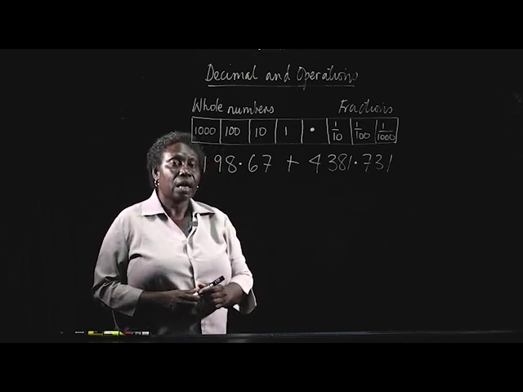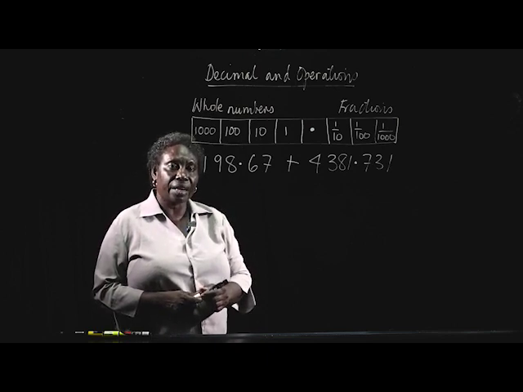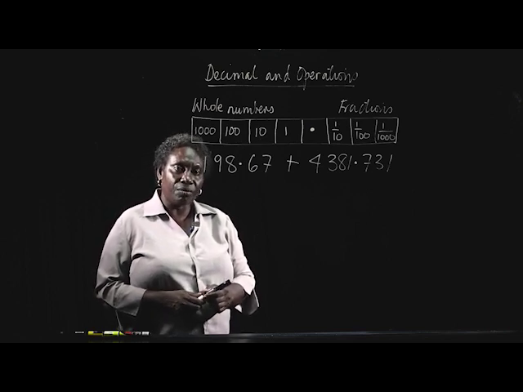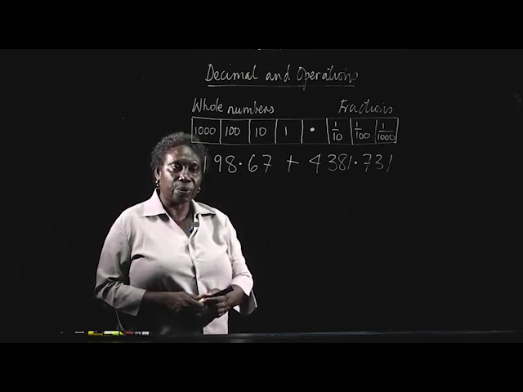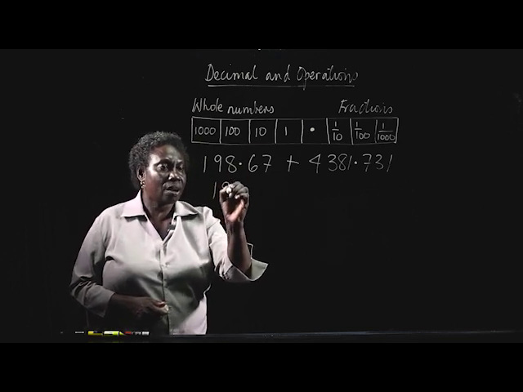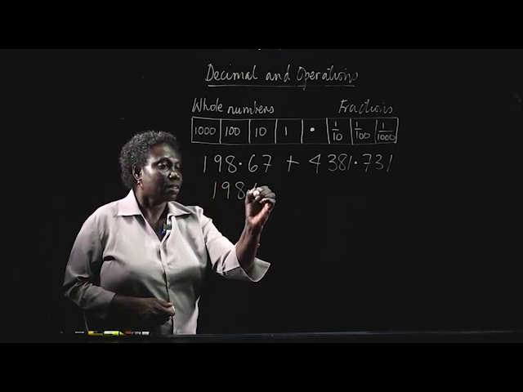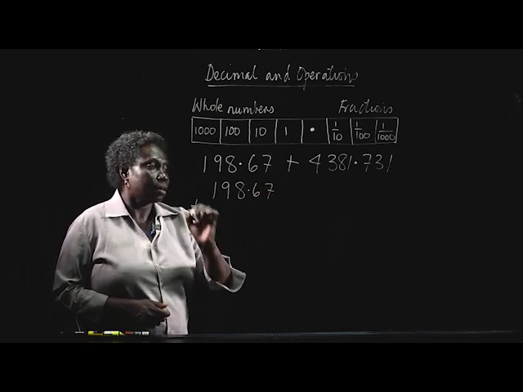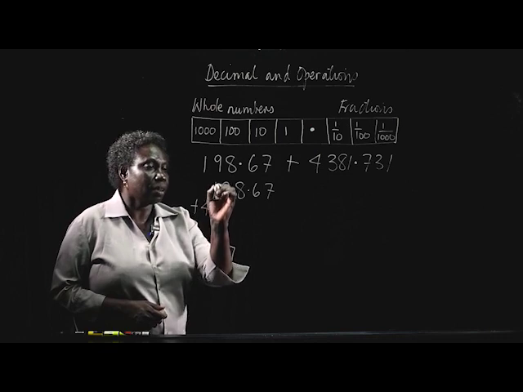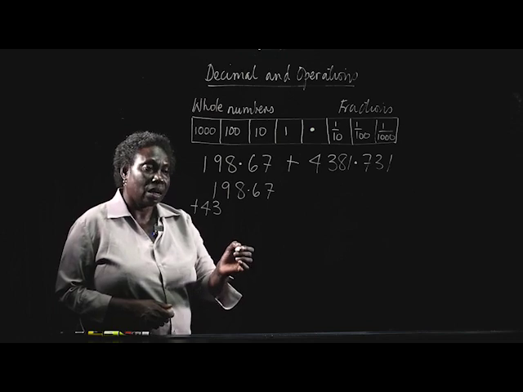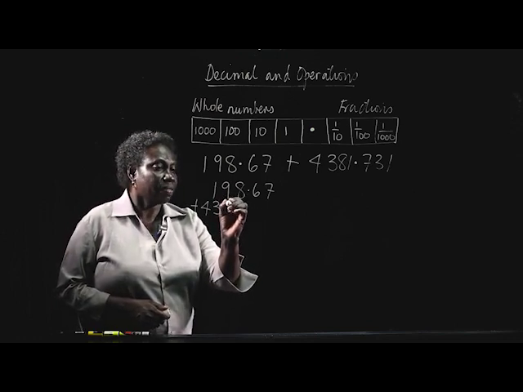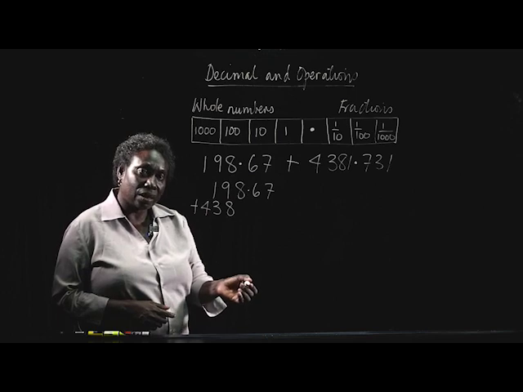Now, we are going to add these numbers. When we add these numbers, the decimal points must be underneath each other, and the numbers that represent the same values on the place value table must be placed underneath each other so that our addition is accurate. Let me start with 198.67 plus 4,381.731. 4,381 comes under 198: 3 comes under 1 because they represent the hundreds. 8 comes under 9 because they represent the tens.